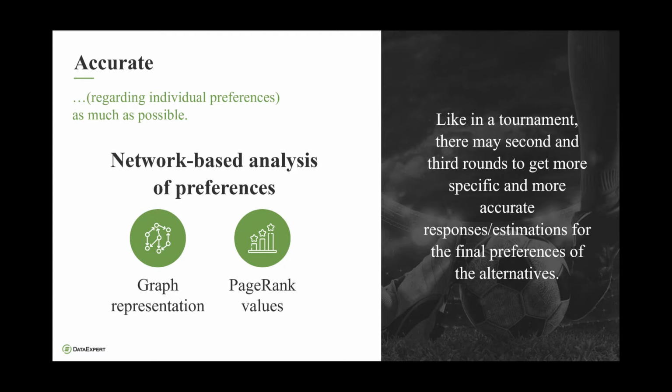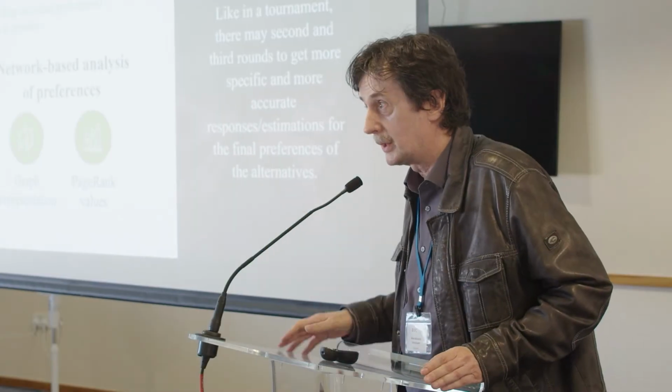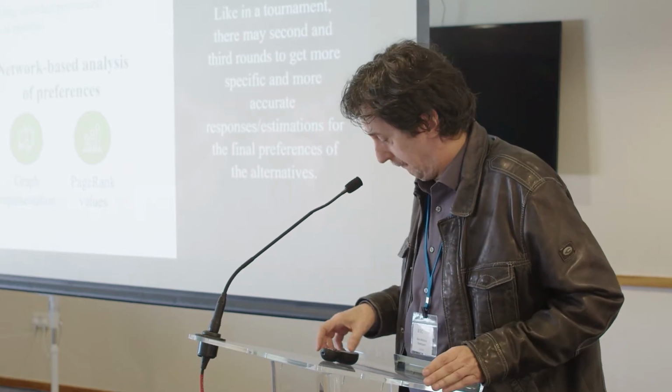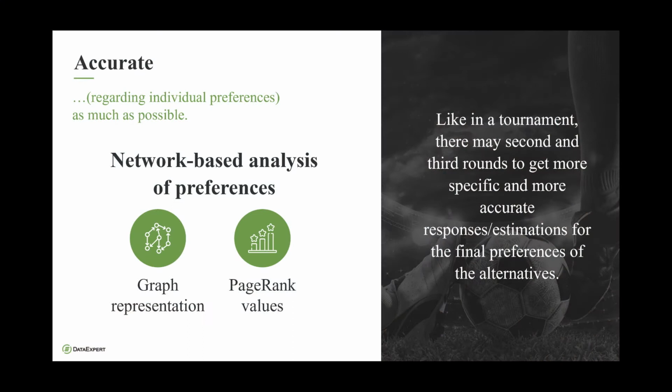And we used, I think, a nice strategy, the so-called PageRank preference probabilities. I will tell you something about that. So these two key concepts could help solve the whole problem in real time.